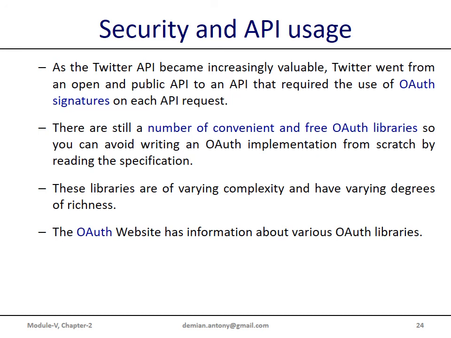The OAuth website has more information about these authentication libraries, and those interested can visit the website and get to know more about the authentication mechanism for user or service requests, as well as the authorization process.